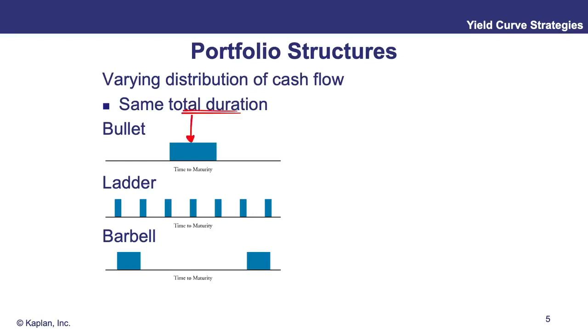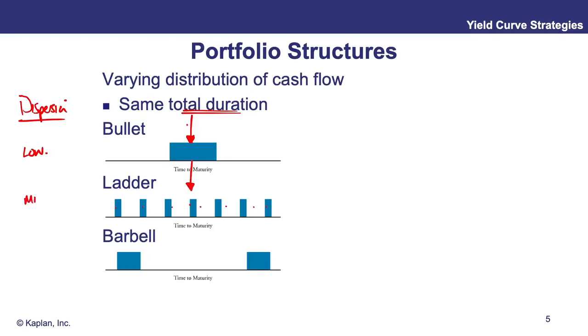you could have, with regards to dispersion of your cash flows, very low dispersion of cash flows. All right, with a bullet portfolio where cash flows occur around about the same time, around about their duration. Or you could have a ladder where the cash flows of your portfolio are relatively evenly dispersed across maturities. On average, they're the same as the bullet, but they're evenly spread.